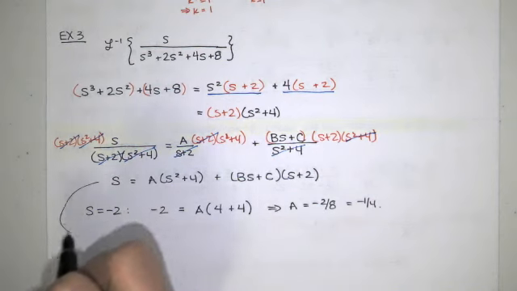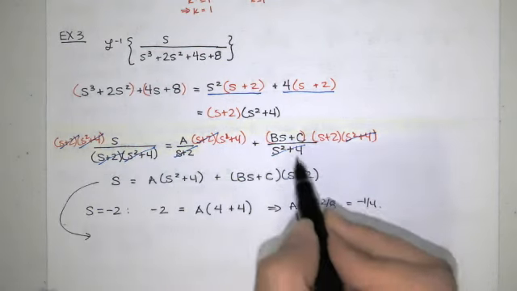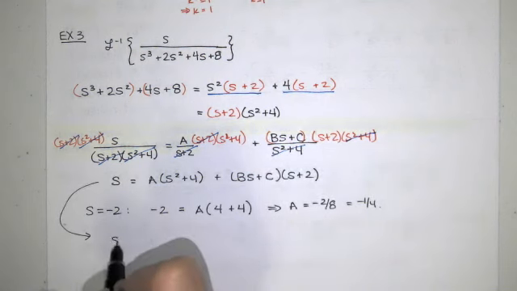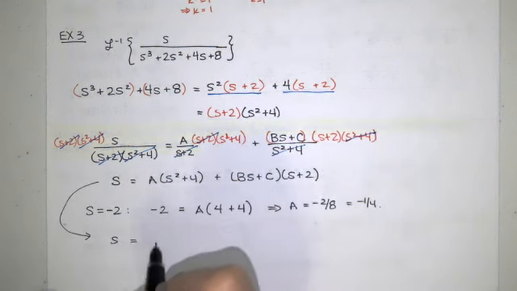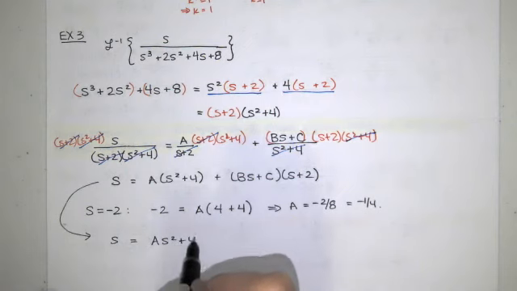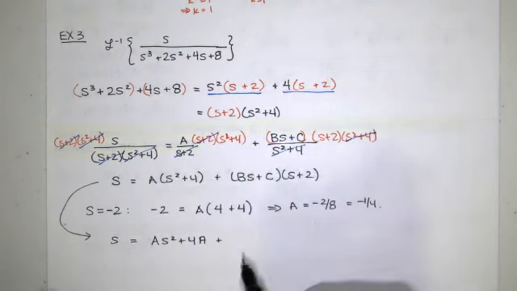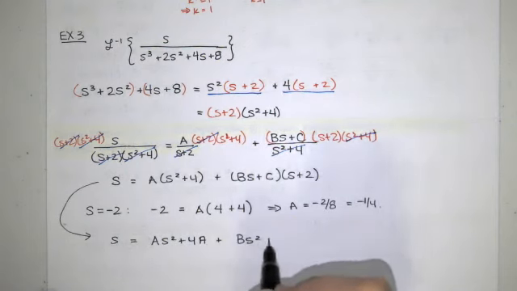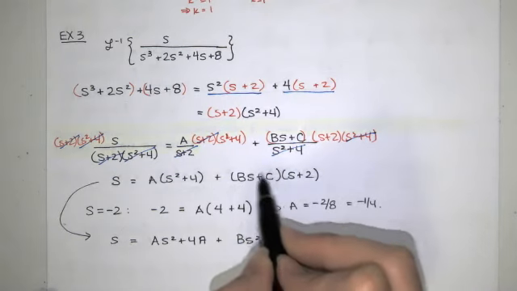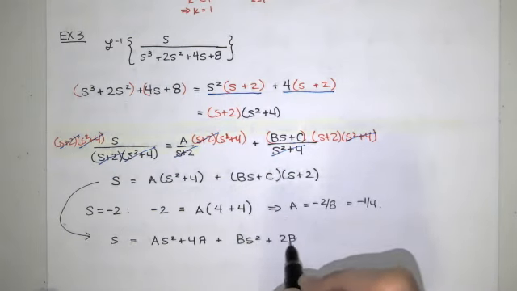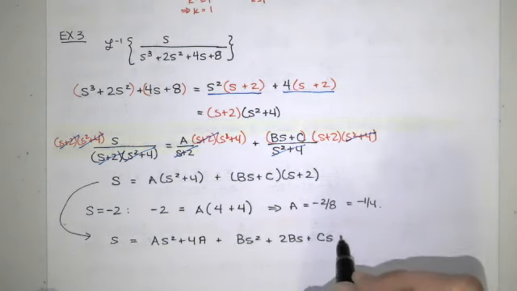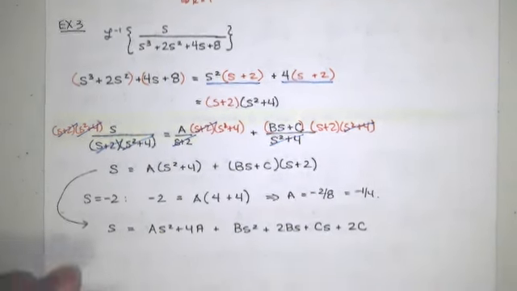So since I have an irreducible quadratic factor, s squared plus 4, in order to solve for B and C, I'm going to distribute my A here. And then distribute over here, we'll have Bs squared. First times first, outer times outer is 2Bs. Inner times inner is Cs, and last times last is 2C.